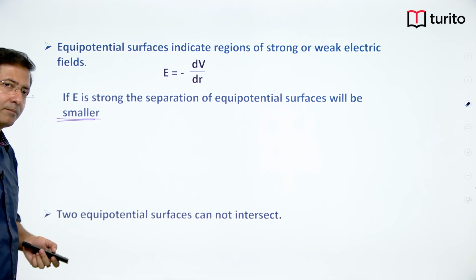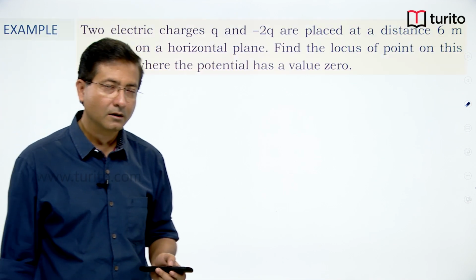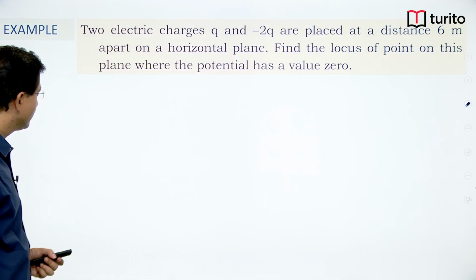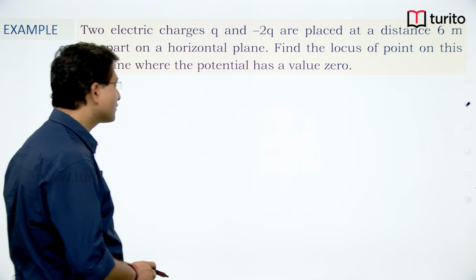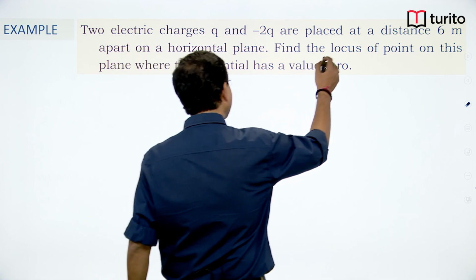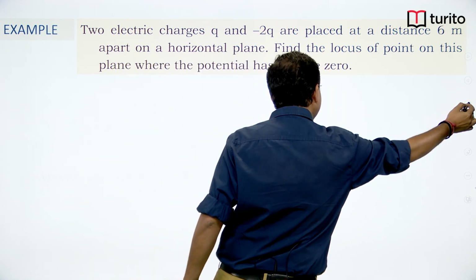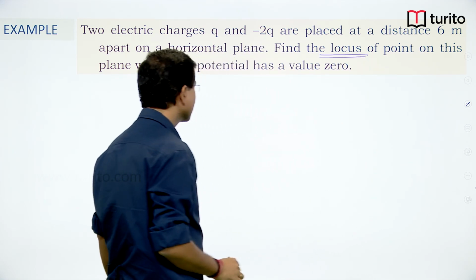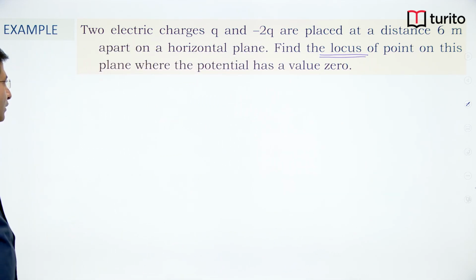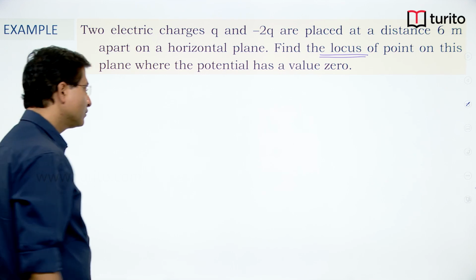Now, let us see some examples, right. Two charges q and minus 2q are placed 6 meters apart on a horizontal plane. Find the locus of the point where the potential has 0 value.